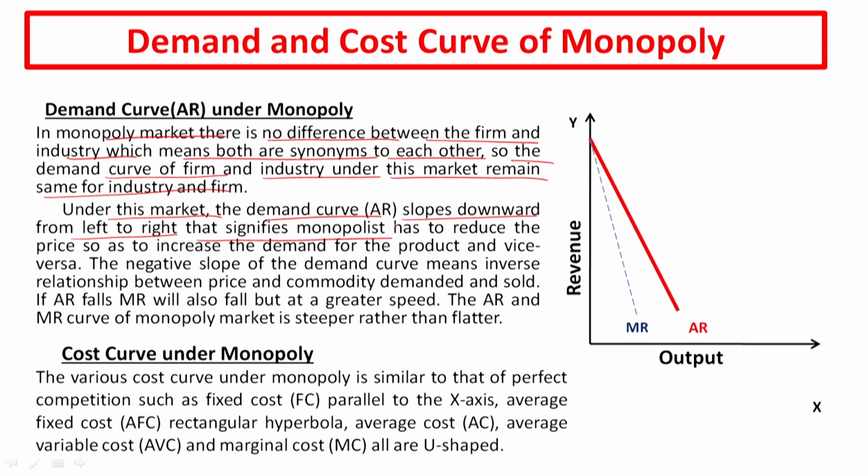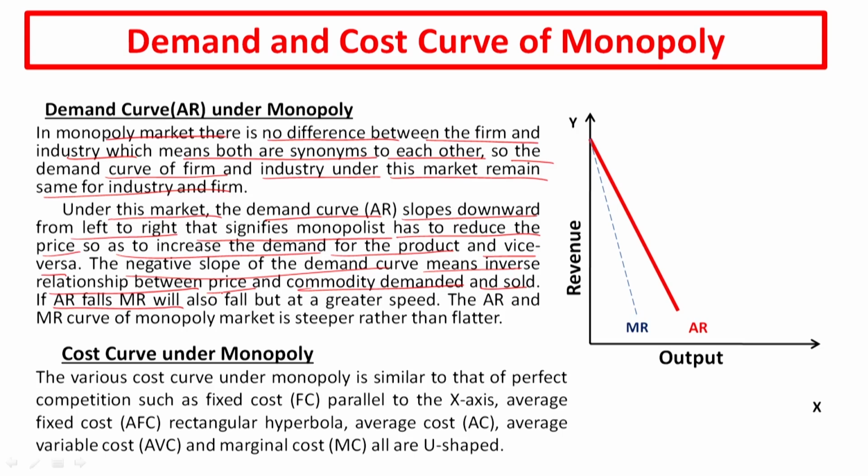That signifies monopolist has to reduce the price so as to increase the demand for the product, and vice versa. The negative slope of the demand curve means inverse relationship between price and quantity demanded and sold.